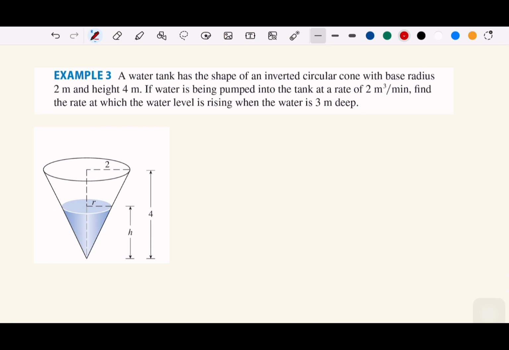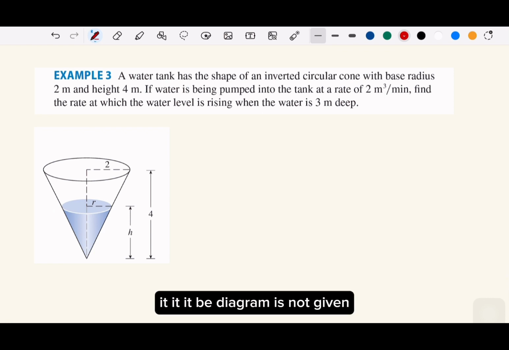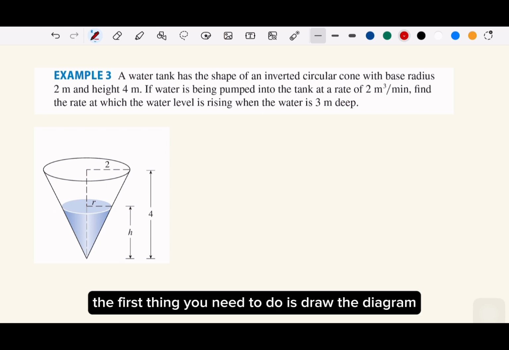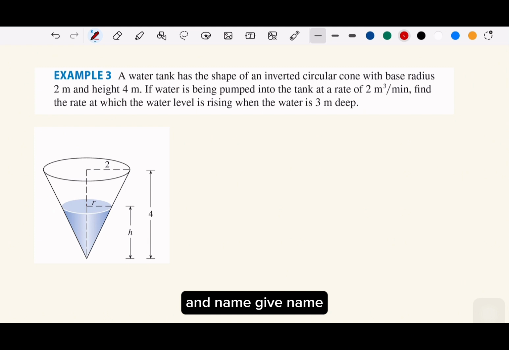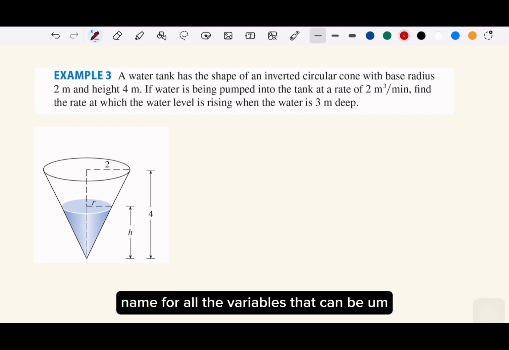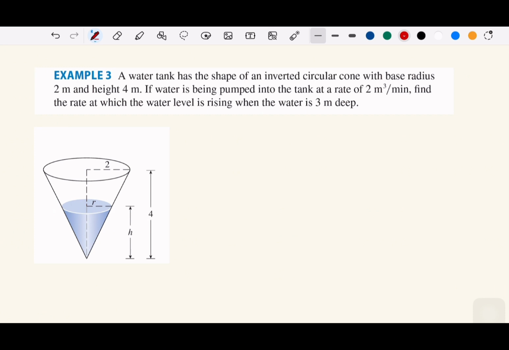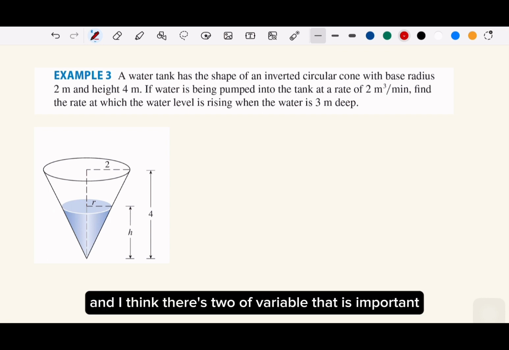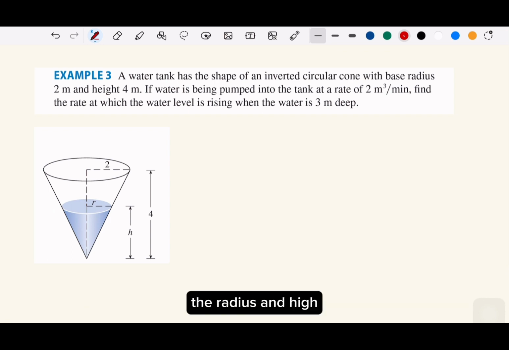So of course, if the diagram is not given, the first thing you need to do is draw the diagram and then give names for all the variables that can be solved through the information. It can be the radius, it can be the height, okay? And I think there are 2 variables that are important: the radius and height, right? So we can start.